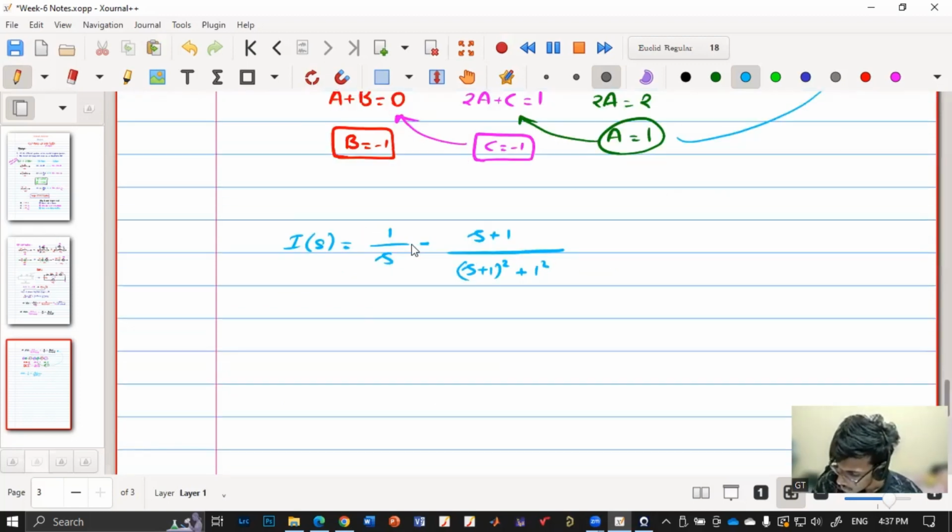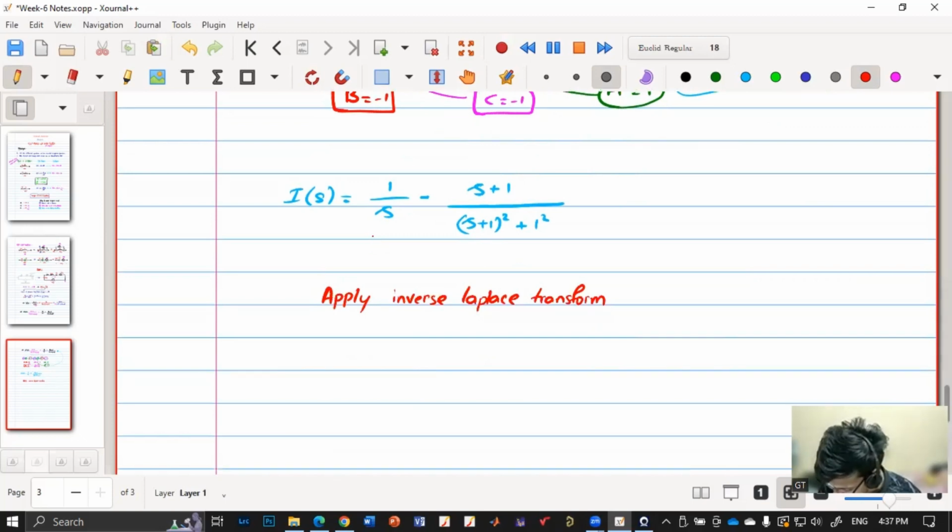So now we have to apply inverse Laplace transform. After applying it, you will get I of t is equal to the inverse Laplace transform of 1 by s, which is 1, minus, for this term, we can write it as e to the power minus t into cos t.